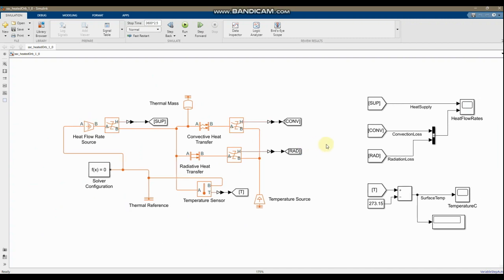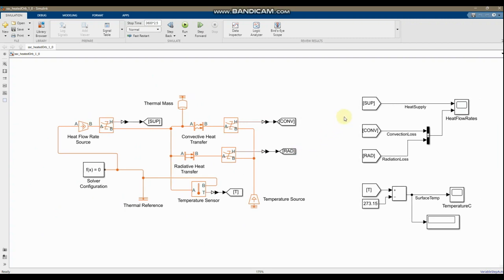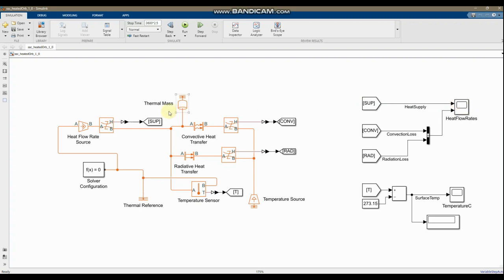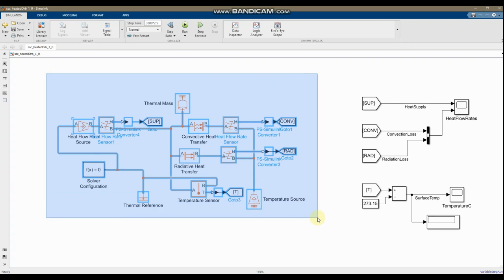And the first difference that you'll notice is the set of scopes and networks I have on the right. The previous demonstrations I didn't have this, and I simply connected a bunch of blocks here and there and a bunch of display blocks as well. So that would make us lose clarity in our physical model.